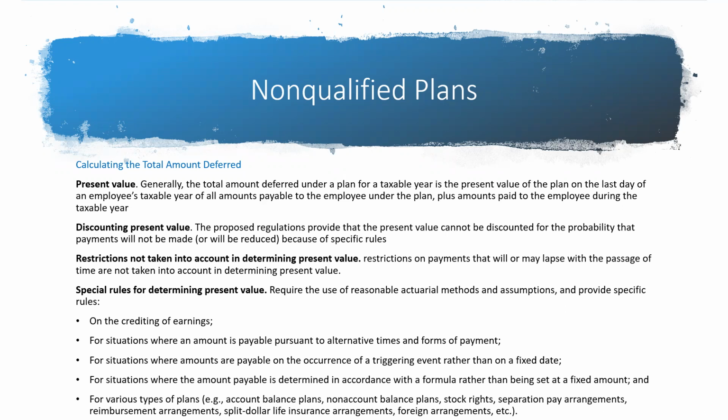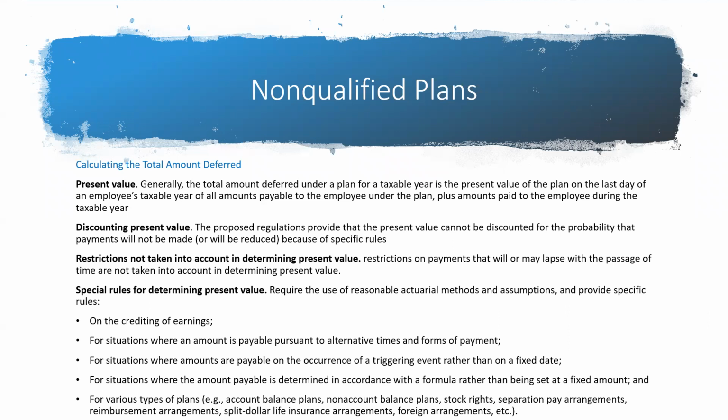The restrictions not taken into account in determining that present value: those same regs further provide that restrictions on payments that will or may lapse with the passage of time, such as a temporary risk of forfeiture that is not a substantial risk of forfeiture, are not taken into account in determining present value.